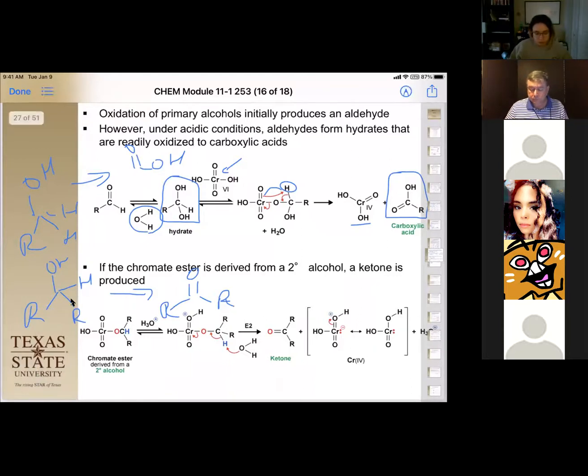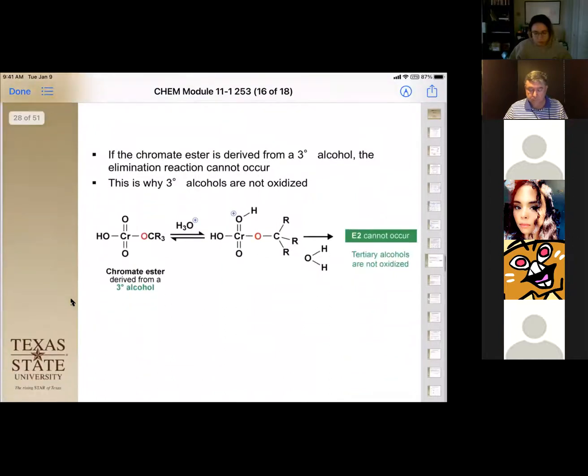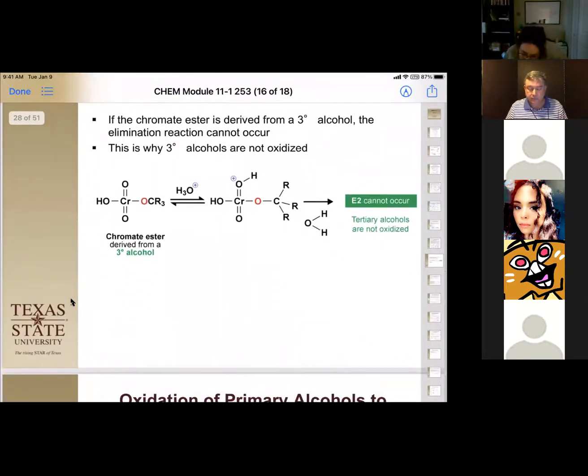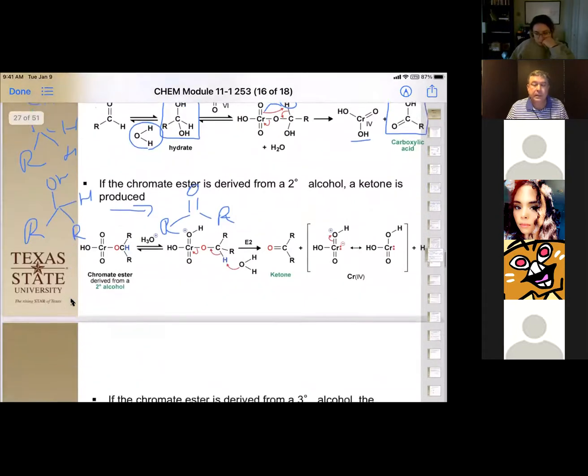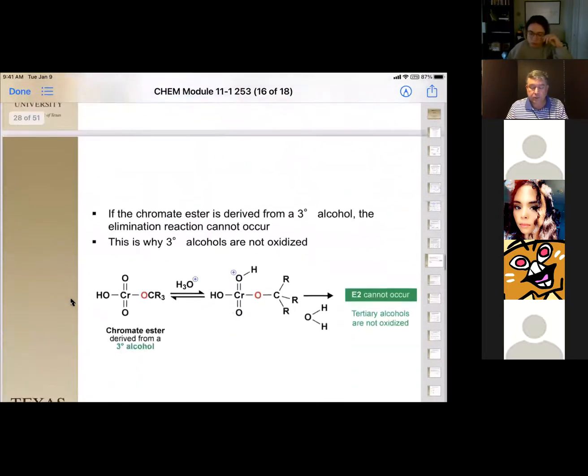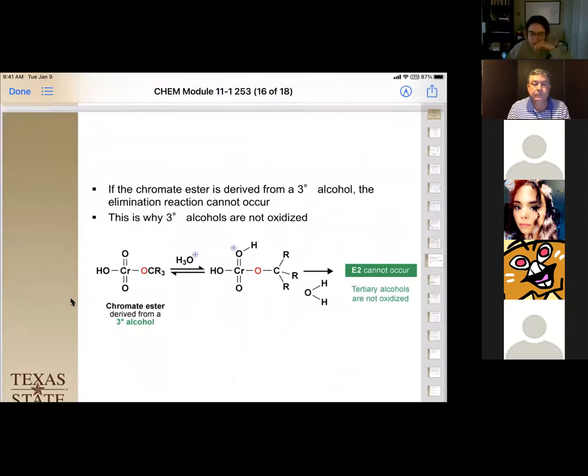And then, of course, tertiary alcohols cannot be oxidized, because there's no proton to be removed by the base, and therefore you cannot oxidize them to anything else. So primary alcohols make carboxylic acids, secondary alcohols make ketones, and tertiary alcohols don't react. Questions on chromic acid and chromic acid oxidation?